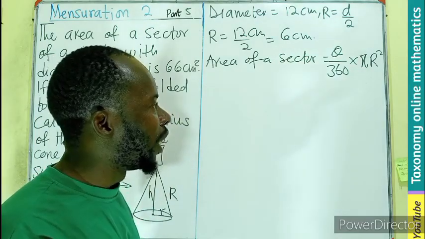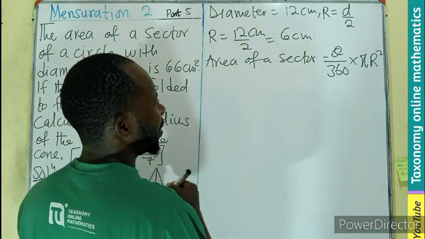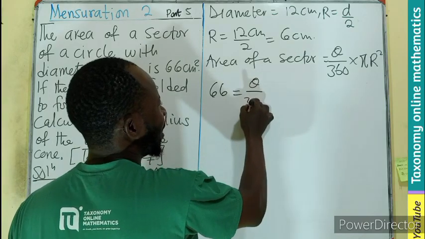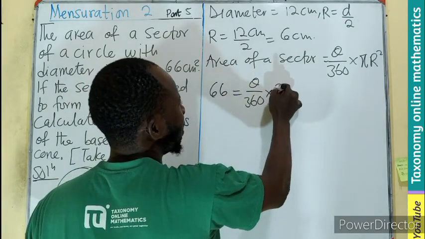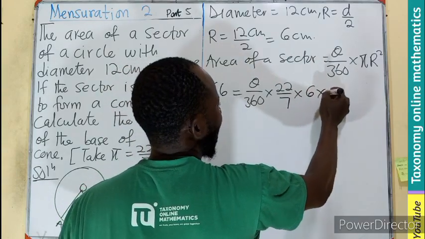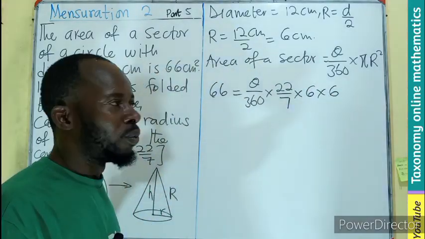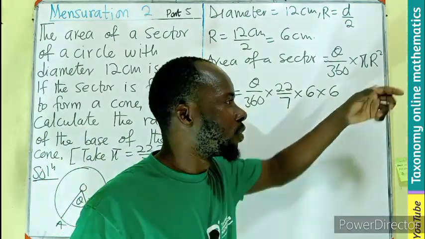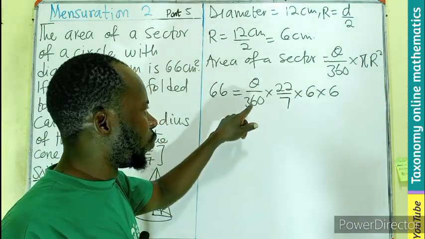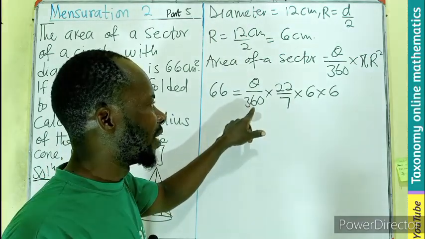It's a matter of change of subject. This gives us 66 equals theta out of 360, times 22 over 7, times 6 times 6, which is the radius squared. 6 times 6 will be 36, which can cancel to give us 10.